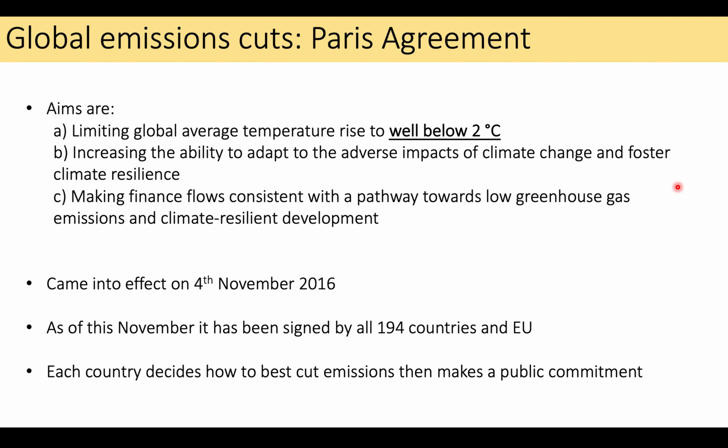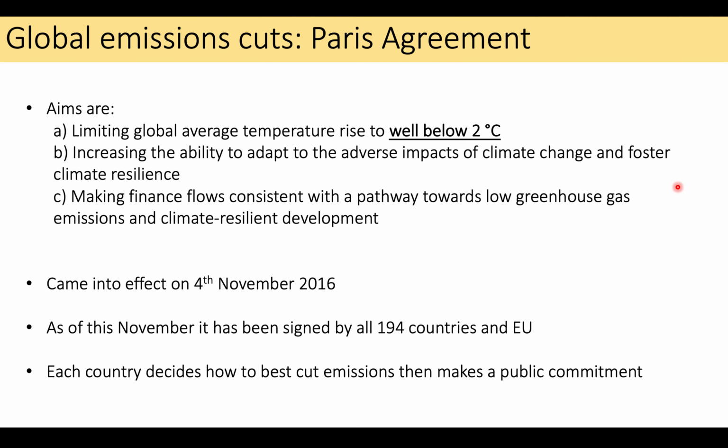So something really, really cool is the Paris Agreement. 190 countries came together and signed the Paris Agreement in 2016. What this means is all of these countries are agreeing to limit our temperature change to below 2 degrees Celsius.